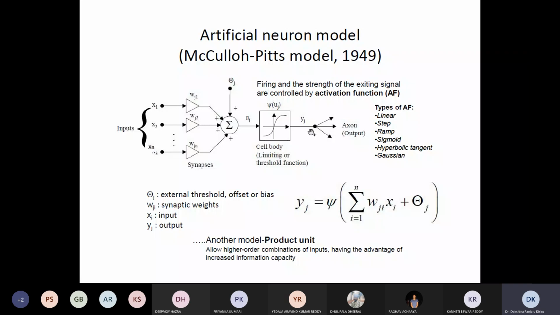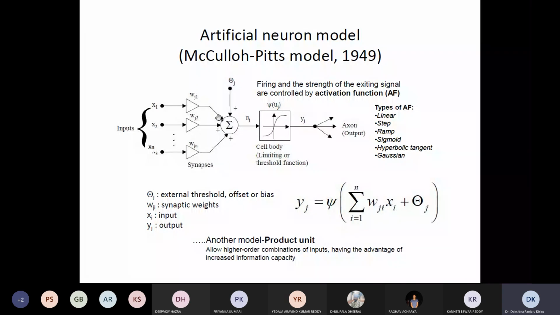The input of this activation function is uj, and the output of this activation function is yj. This is the final output, comparable to the axon, and it may be provided as input to some other neuron.